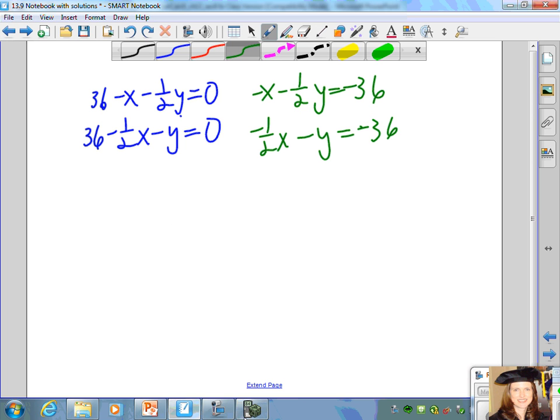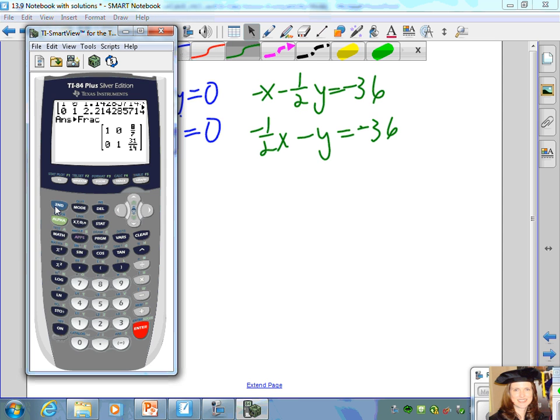To solve the system, you want to go to edit the matrix, and you want to enter the values: negative 1, negative 1/2, negative 36, negative 1/2, negative 1, and negative 36.